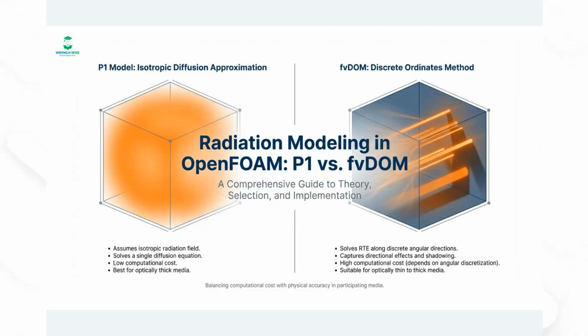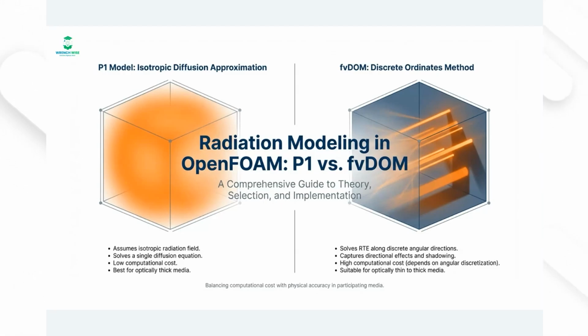Compare that to the FVDOM model, the finite volume discrete ordinates method. Essentially, this is a ray tracing approach. It solves the radiative transfer equation, RTE, along specific discrete angular directions. The benefit is it captures the details.